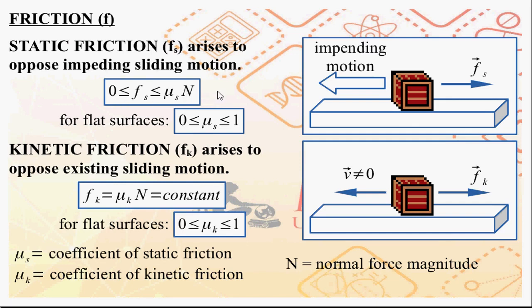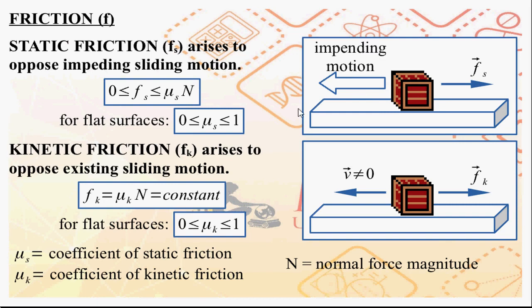Static friction has a maximum value. If this maximum value is exceeded, meaning the impending motion is greater than mu s N, static friction is unable to stop the motion from happening, and the object will begin to slide.